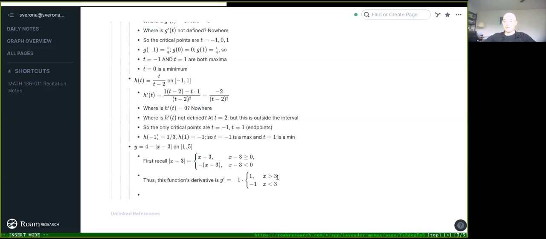Absolute value is increasing. To the left of 3, it's decreasing. So my derivative is 1 here and -1 there. So how did I get this? This is the derivative of that, and this is the derivative of that.